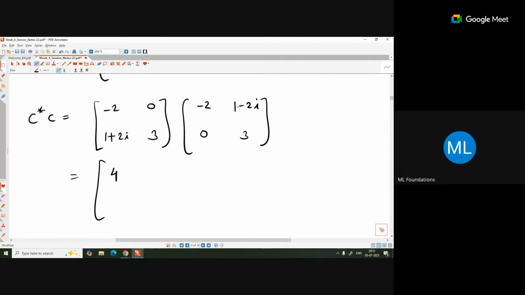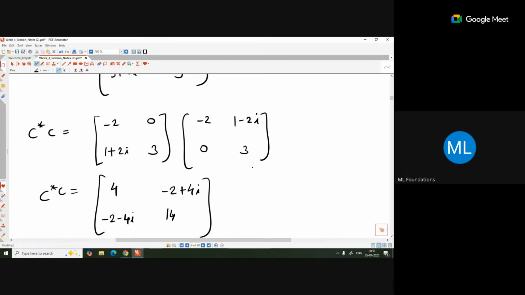This 4 here is minus 2 times this, so it is minus 2 plus 4i. Here it is minus 2 minus 4i, right? And here a square is 1, b square is minus 4i square, that means plus 5, 5 plus 9, which is 14. So this is my C star C.